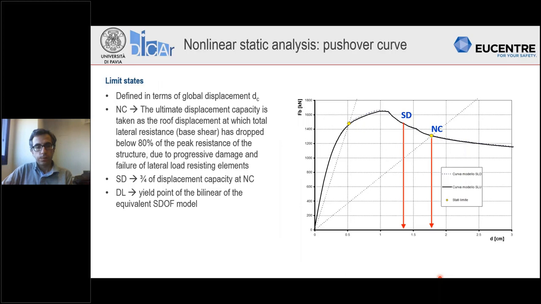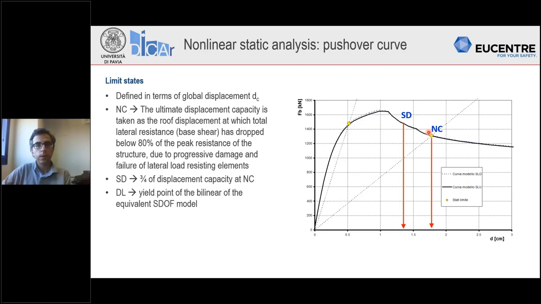Once you have the pushover curve, what you are required to do to perform the assessment is to identify the capacity. Capacity is identified in terms of global displacement DC. For example, Eurocode 8 defines three different limit states. Regarding the near collapse limit state, it suggests that the ultimate displacement capacity is the displacement corresponding to a decay of 20% of the base shear with respect to the peak shear.